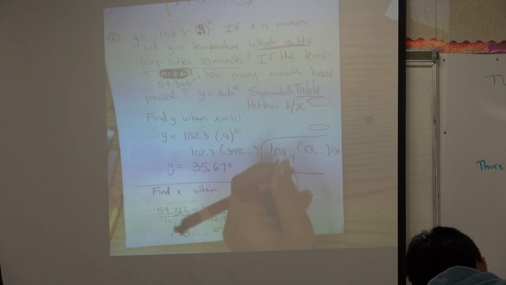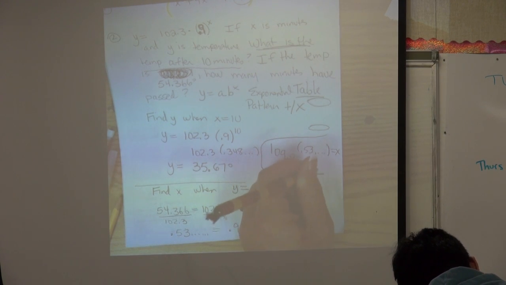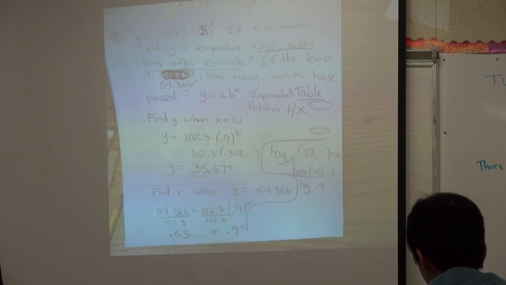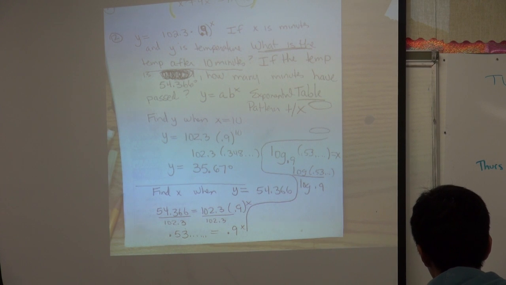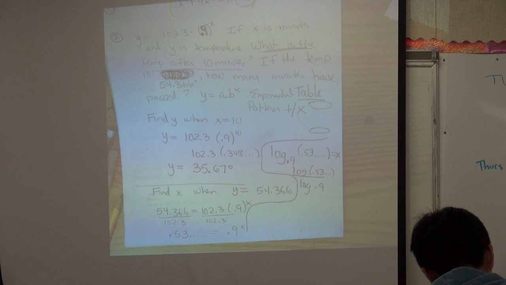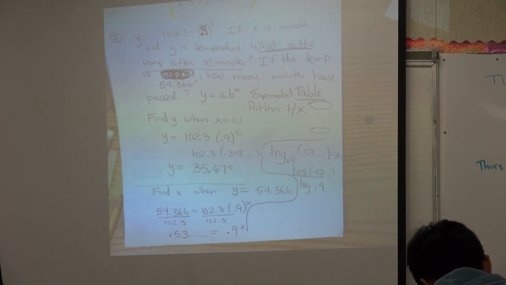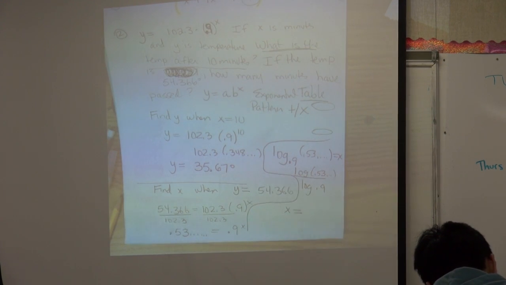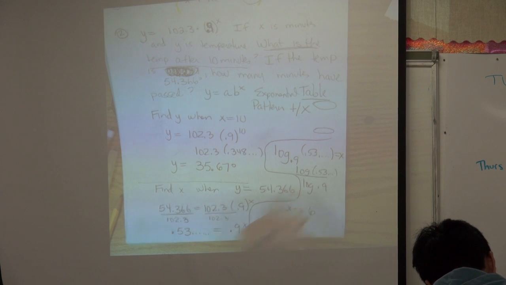And then you may use the calculator to do the change of base formula, or you can do it yourself. So this 0.53 is in your calculator, and so you do log of my answer divided by log of 0.9, and your calculator will tell you that x is indeed 6.